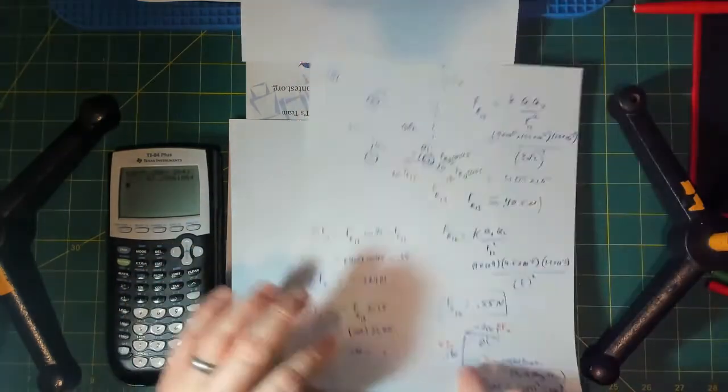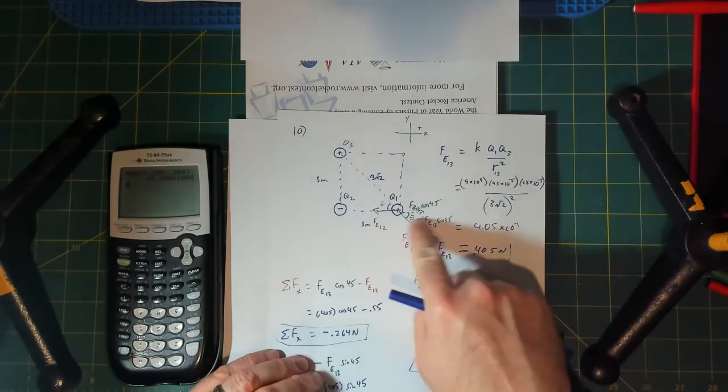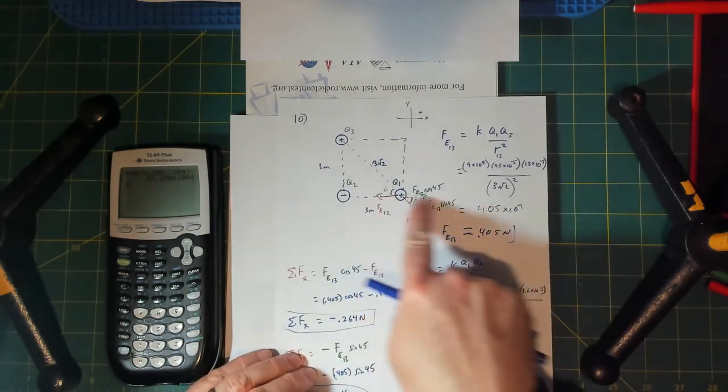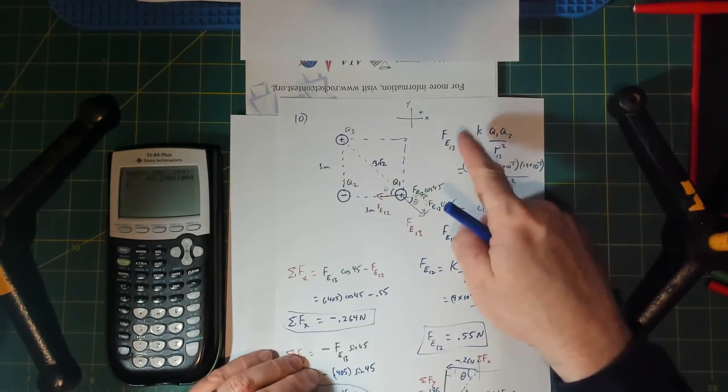So once again, use Coulomb's law to find your forces, do a nice clean diagram so you can see what's going on, break into components, find the sum of all the forces in the x-axis, right minus left, find the sum of all the forces in the y-axis, up minus down.